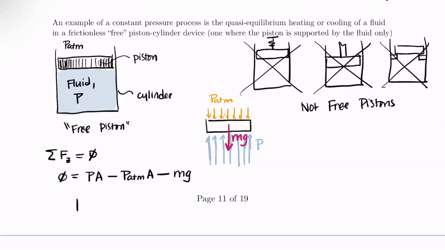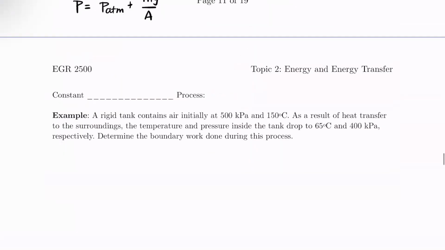Okay, so this means that P is equal to the atmospheric pressure plus mg divided by A. Okay, any questions on like the distinction of a free piston versus a not free piston or any of that? Okay, cool.